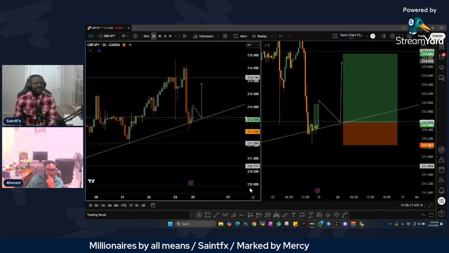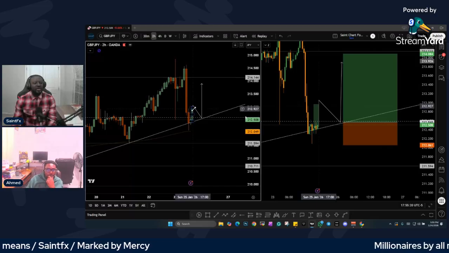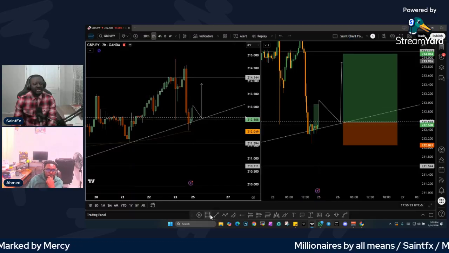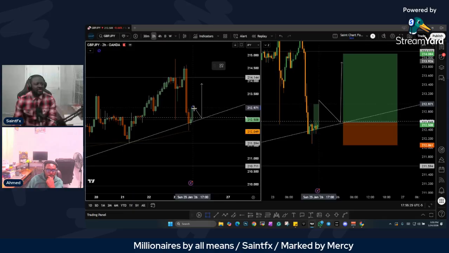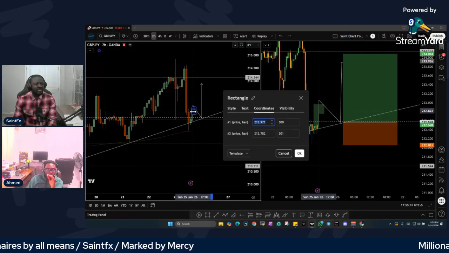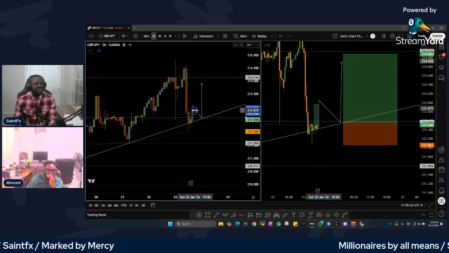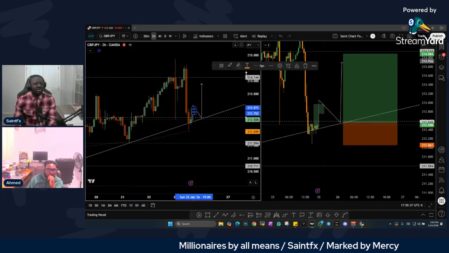And now here you can see smaller candles, something like this. Smaller candle or two candles like this.